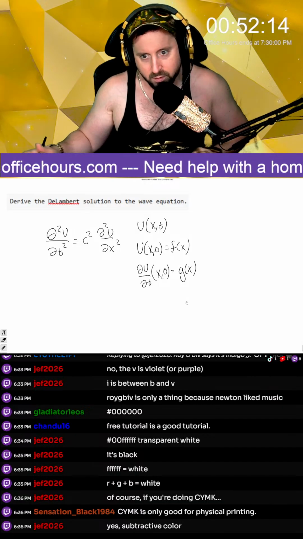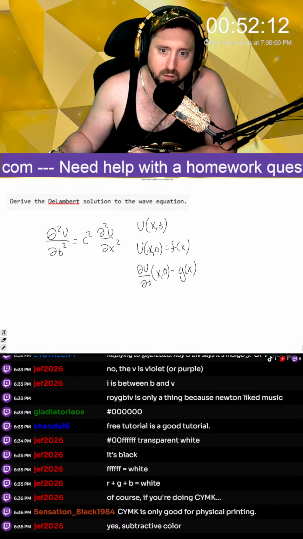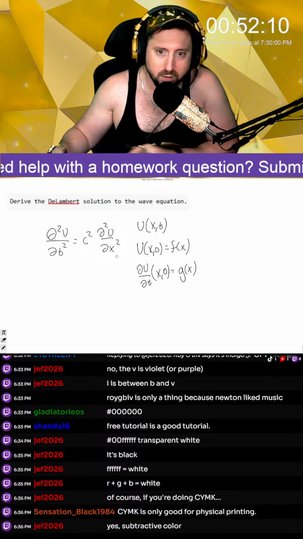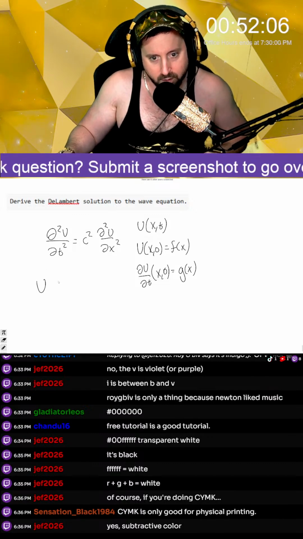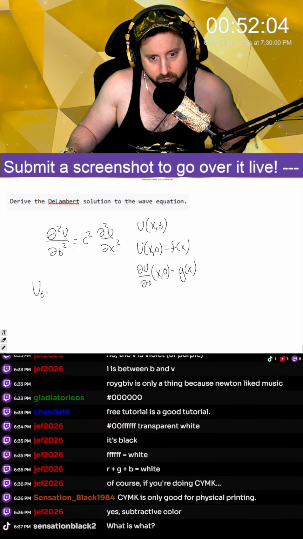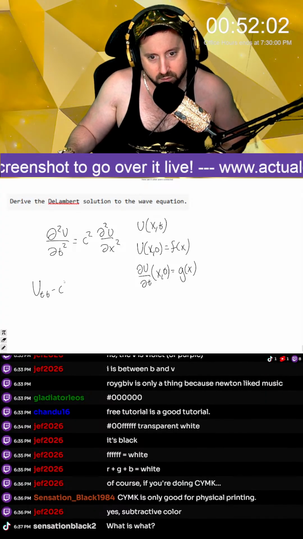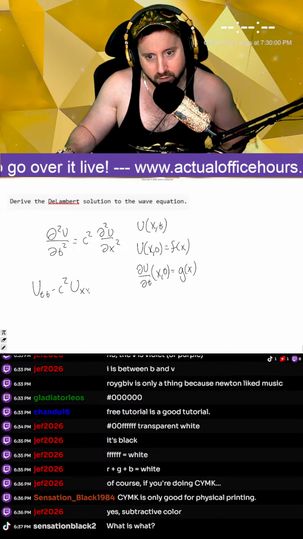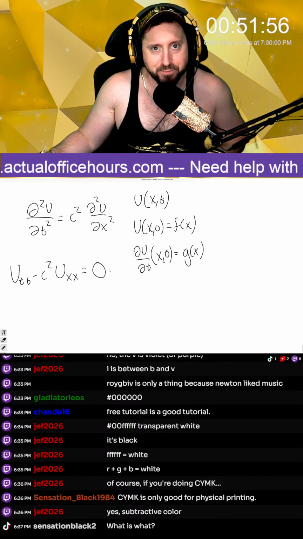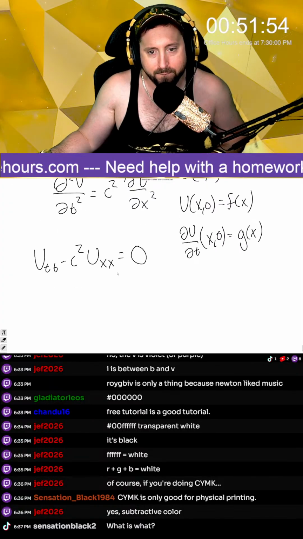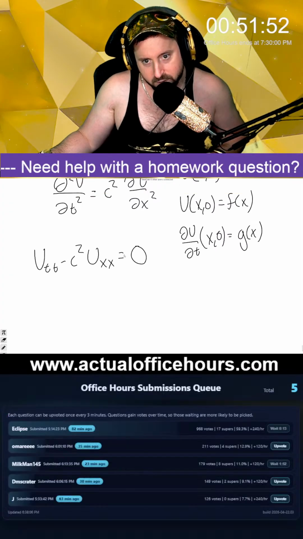So what we're first going to do is move the c squared u_xx term over to the left-hand side. I'm going to use this shorthand: u_tt minus c squared u_xx is equal to 0. It's a lot faster. Now we can factor out our operator.